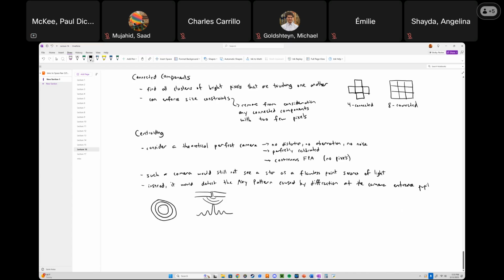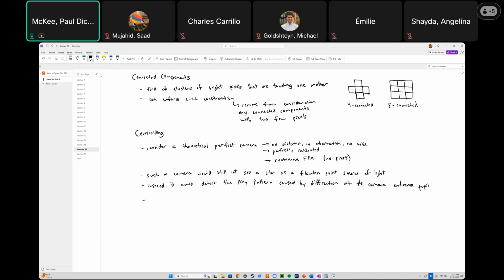In 2 dimensions, you get this kind of bullseye shape. So there's going to be a bright blob in the middle, and then it darkens, and then there's going to be a brighter ring, and then it darkens, and then another brighter ring. It looks like a little dartboard. Well, not quite like a dartboard, but a bullseye is a good way of thinking about it. So that's what we would get if we had a perfect camera. So, and I say digitally perfect, I guess not quite optically perfect, because we're assuming that there's going to be some diffraction. Okay.